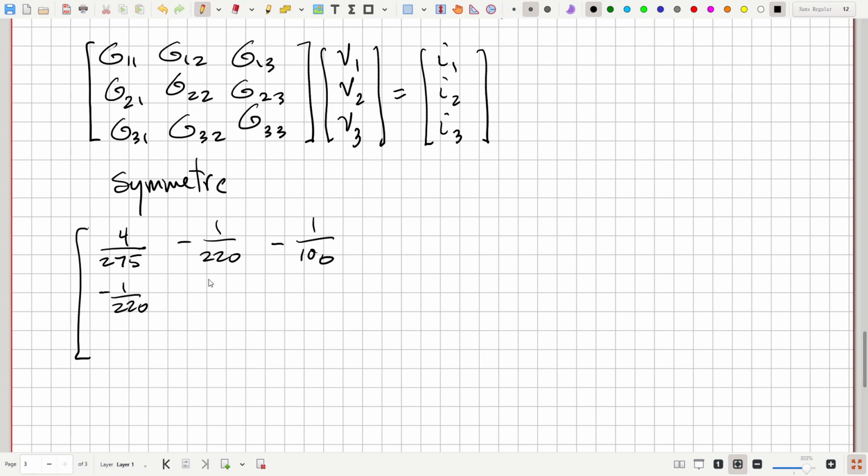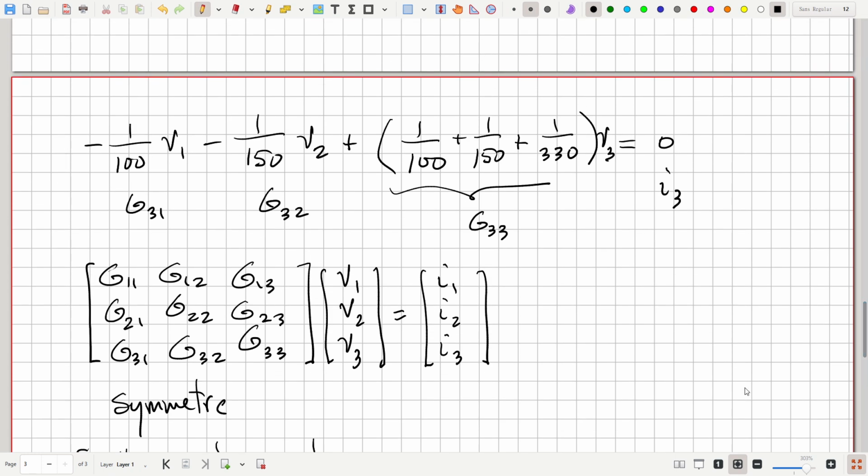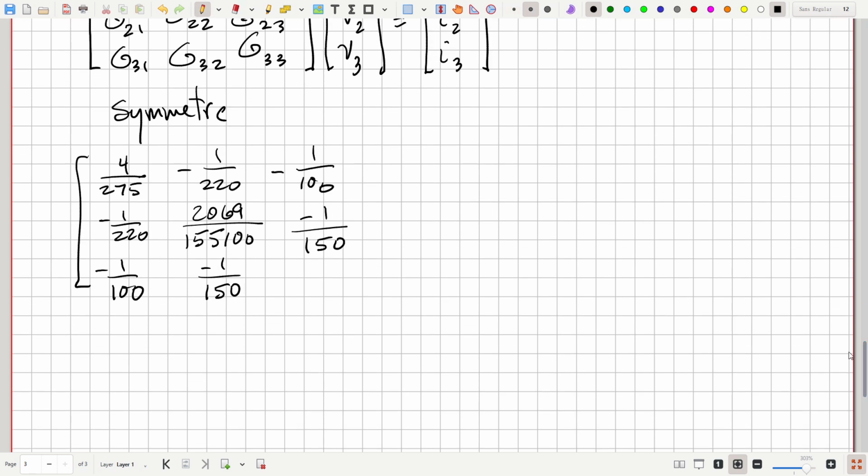The G22 is 2069 over 155,100. And minus 1 over 150, minus 1 over 100. This is equal to that. This should be equal to minus 1 over 150. And then finally the G33, which is this expression right there, it works out to be 13 over 660.